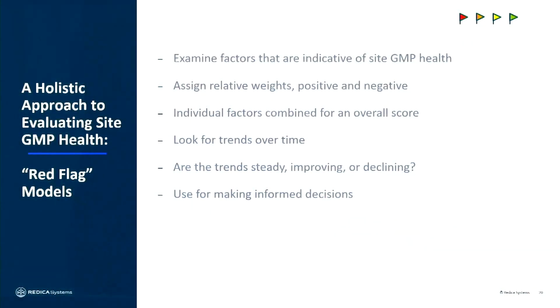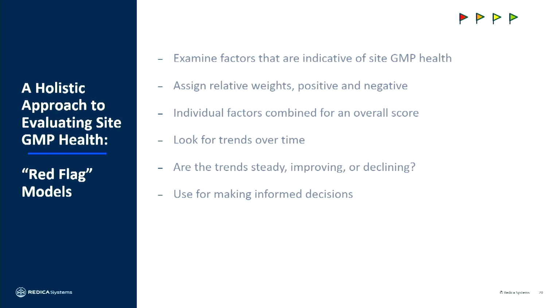It's a holistic approach to evaluating the GMP health of a particular site, right? What we do is examine factors that we believe are indicative of the GMP health of a site. We look at those factors, we assign relative weights, positive and negative.